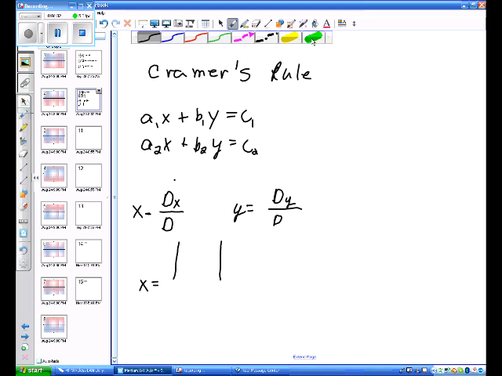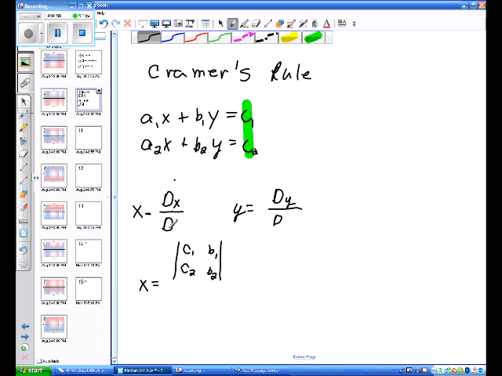So if we look at this, our constants are right here. So when we write this down in our determinant, we're going to start with our constants because that's where the x would go. Then we will put the coefficients for our y. So that's going to be the determinant for the variable x.